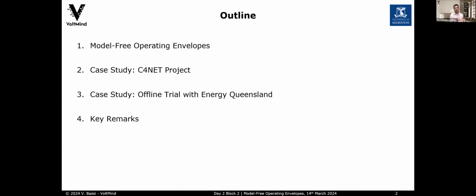As an outline of this presentation, first I'm going to present all the details of our model-free approach to calculate operating envelopes. Then I'm going to illustrate the concepts with a case study from the project Model-Free Operating Envelopes at NEMI level, which is a 2-year project developed by the University of Melbourne, funded by the Centre for New Energy Technologies, C4NET, that involved all distribution companies here in Victoria.